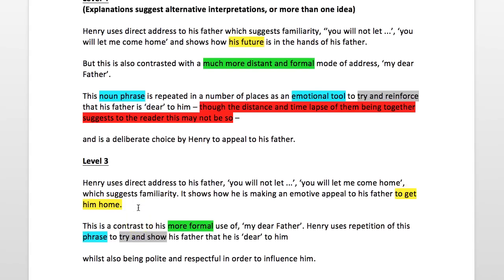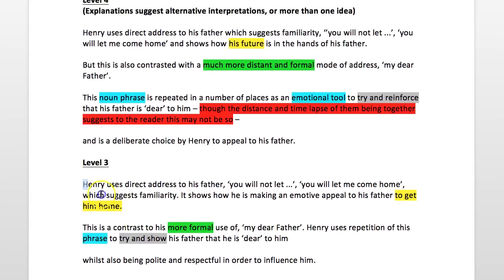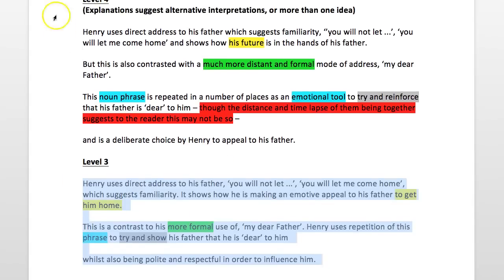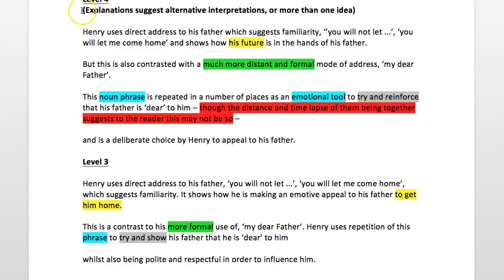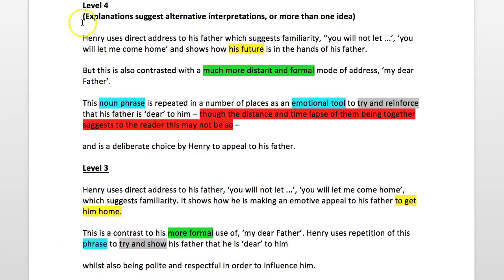Even though I would argue that this student has understood the text just as well as this student. What they haven't done is that skill there. Now, what might be frustrating for you is that the exam mark scheme doesn't tell you to do that. Let's have a look.